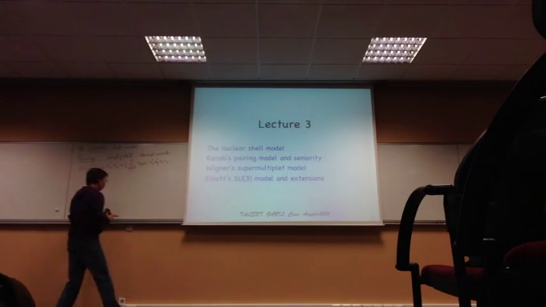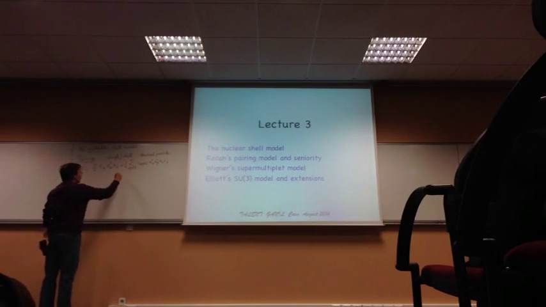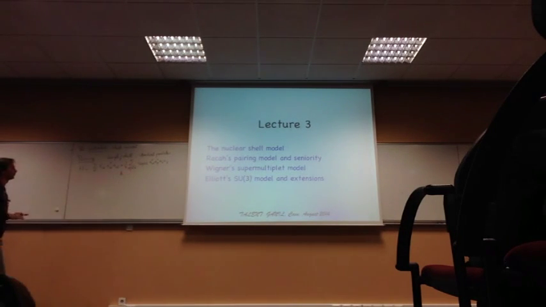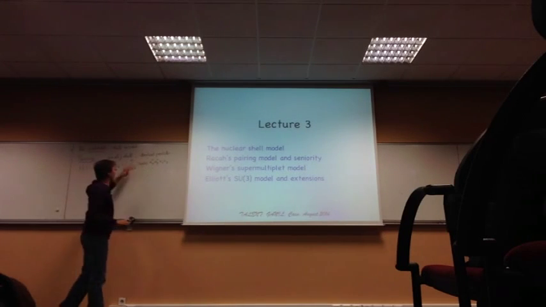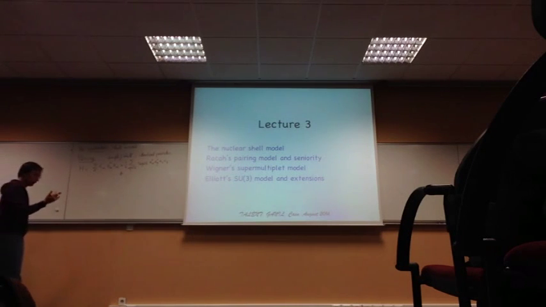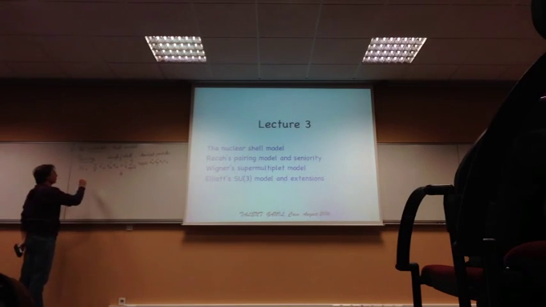I will stop at the two-body interaction, and this we now want to write in coupled notation. This is a very general notation, and I don't worry about angular momentum. So now I want to write this in coupled notation. How do you do that?